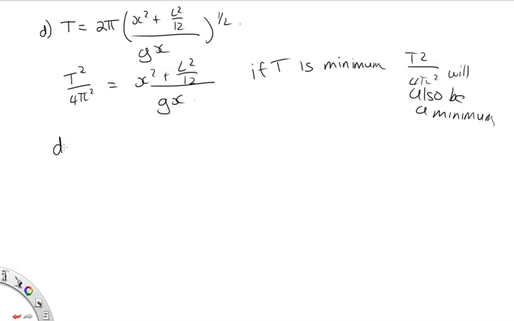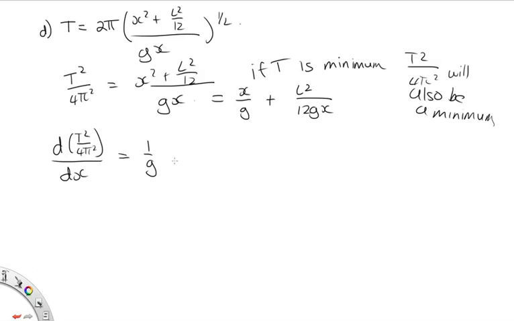So d(T squared over 4 pi squared) dx, we want to find the minimum with respect to x, so we need to differentiate it. Let's just rewrite this. This is x on g plus L squared over 12gx. So now we take the derivative of this with respect to x, so we end up with 1 on g minus L squared over 12gx squared.